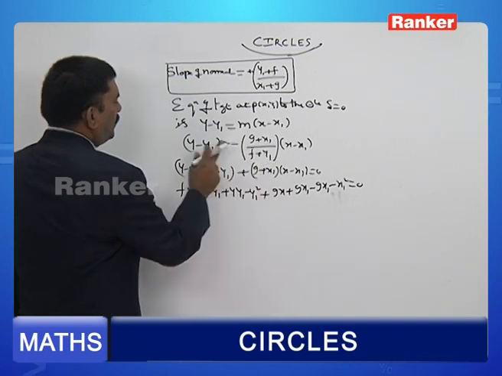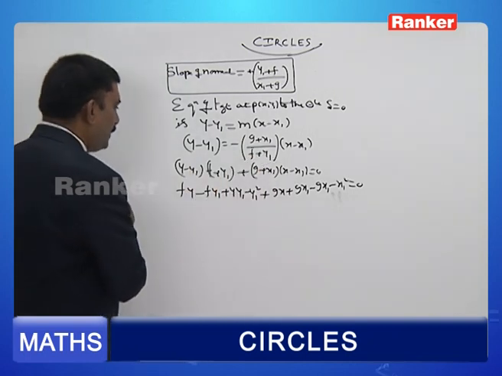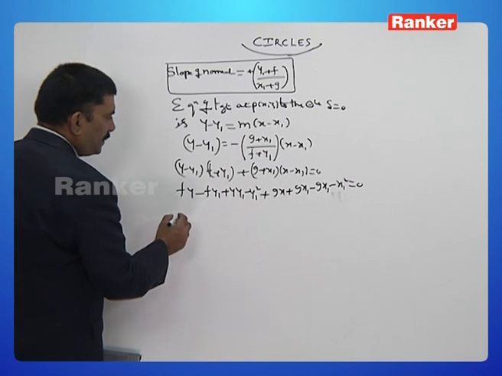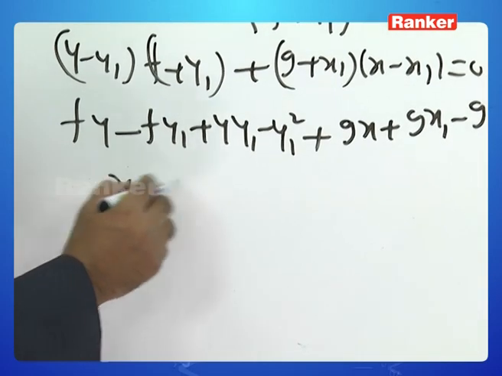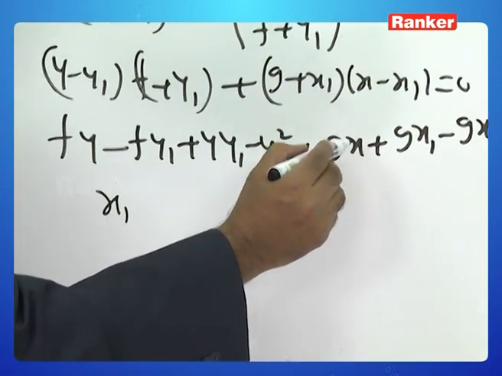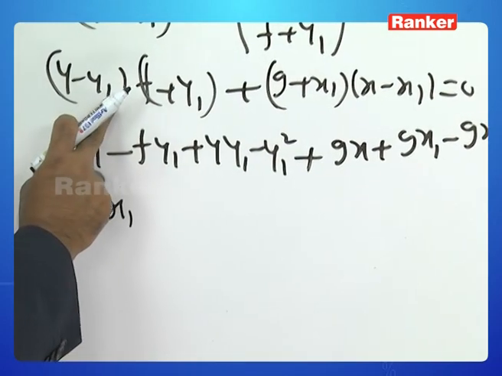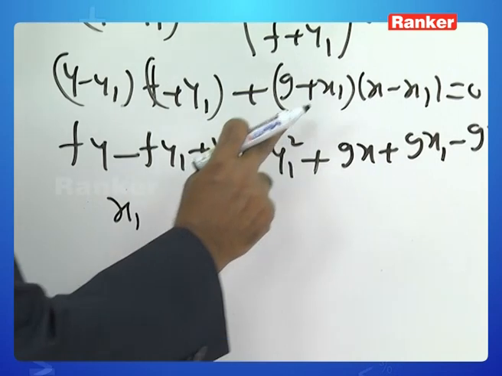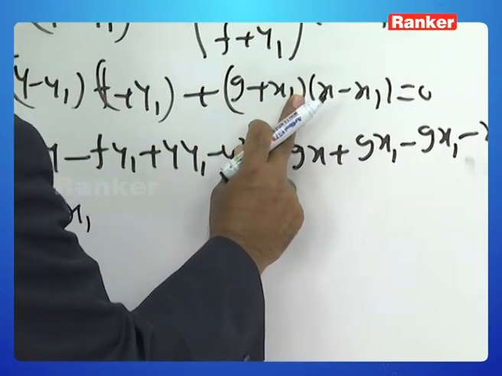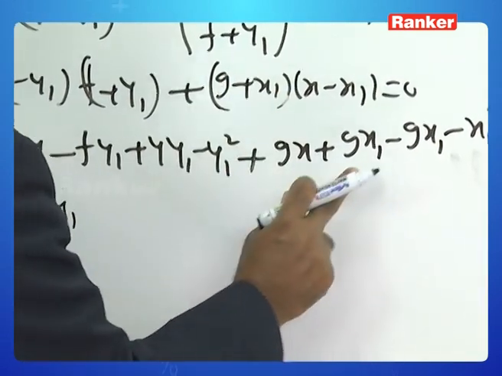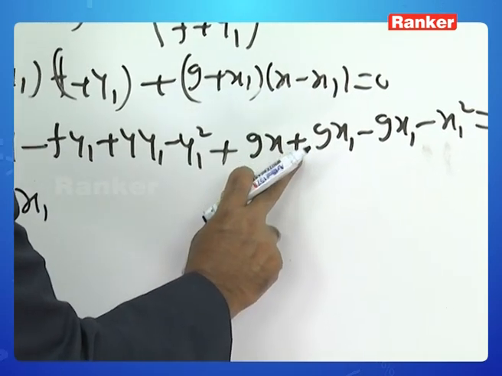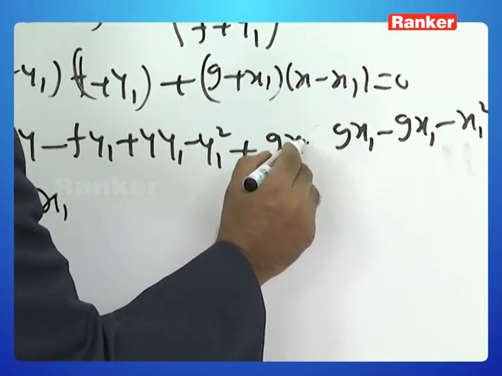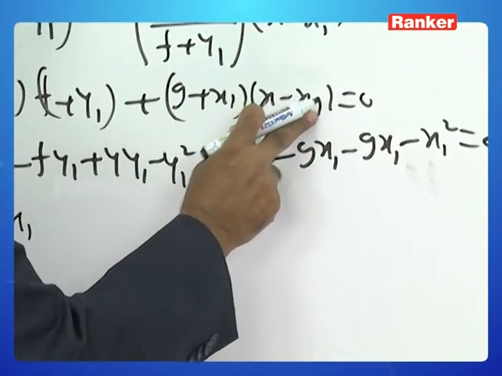So therefore, cross multiply. This becomes x1 square. So xx1, here something is missing: x minus g x1 minus g x1, next minus g x1.